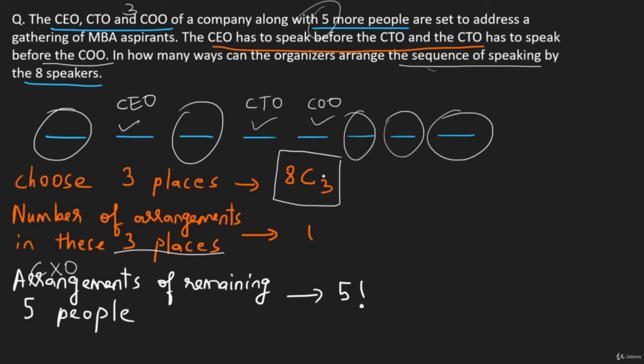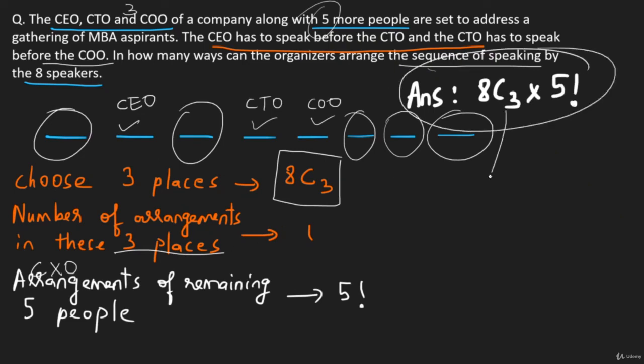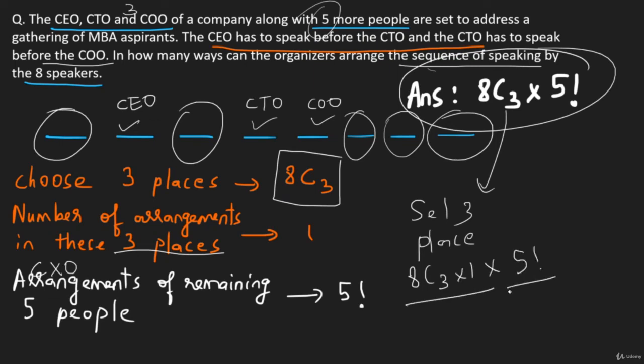Therefore, you can arrange these 8 people in 8C3 into 5 factorial ways. Why is that so? You have to do the selection of 3 places for the CEO, CTO and COO, and you have to arrange them. That's only one way. So this is actually 8C3 into 1 into 5 factorial, which is the arrangement of the remaining 5 people. Therefore, what's the process that we have followed?